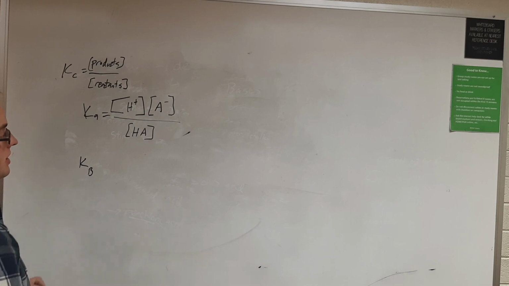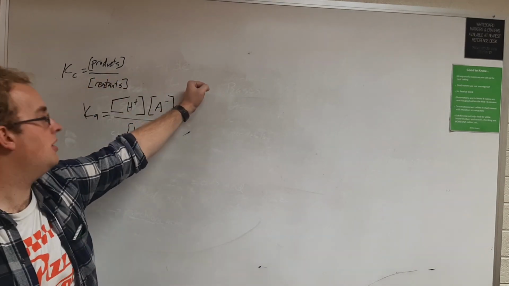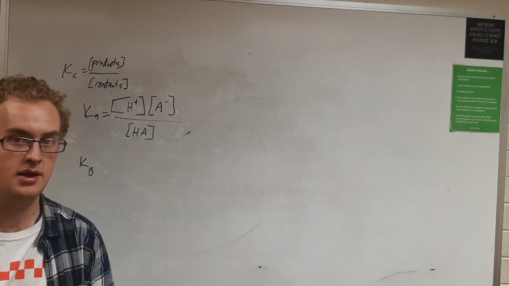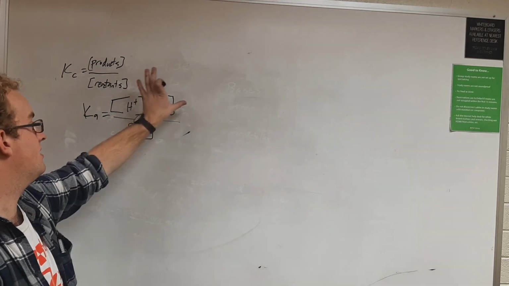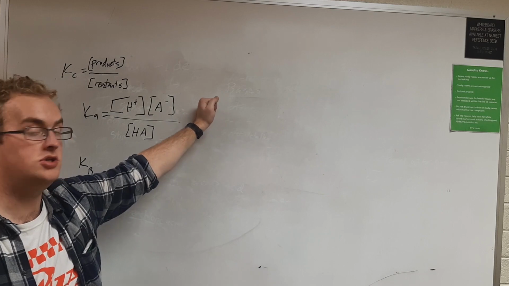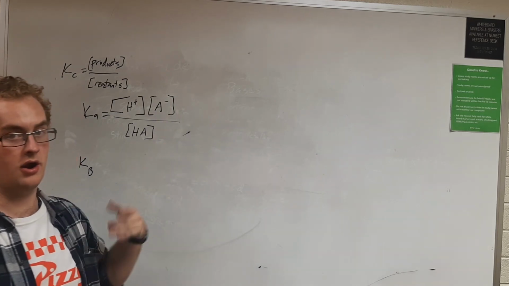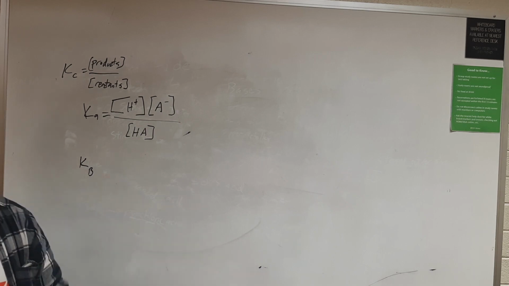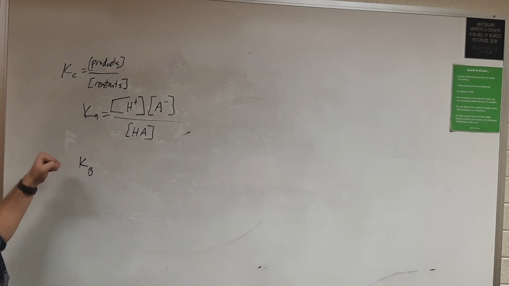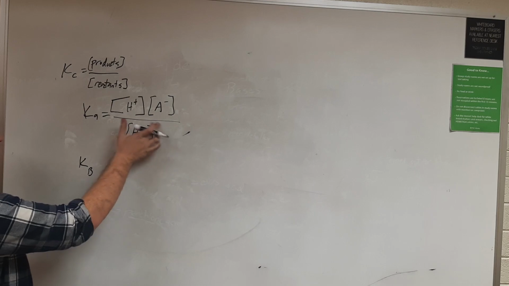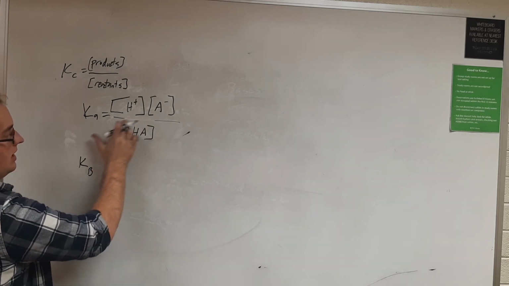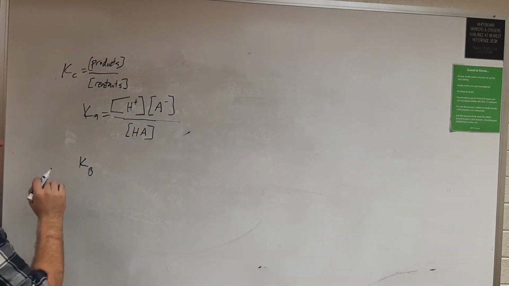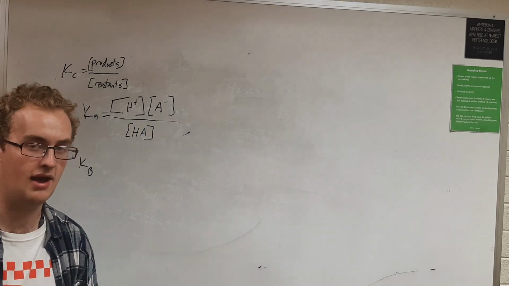And so, if this number is bigger than this number, then you'll get a K sub A of bigger than 1, which means more of the acid will dissociate in solution, which makes it a stronger acid. So the bigger your K sub A is, the stronger your acid is. The lower your K sub A is, that means the more undissociated acid you have, and the less of it split up, which means the weaker the acid you have.